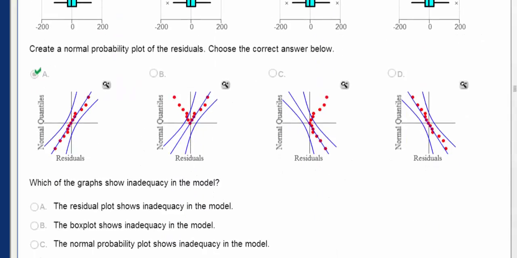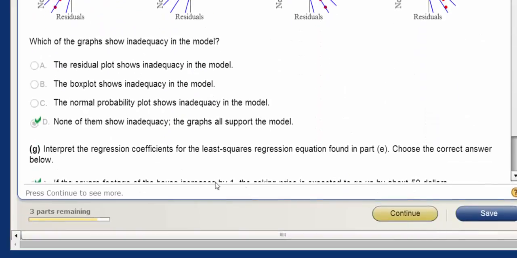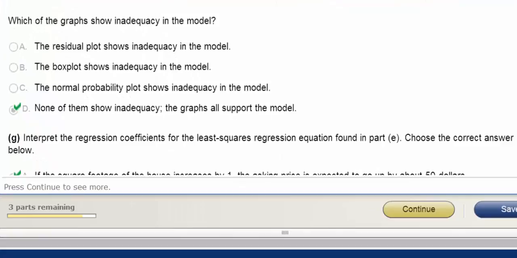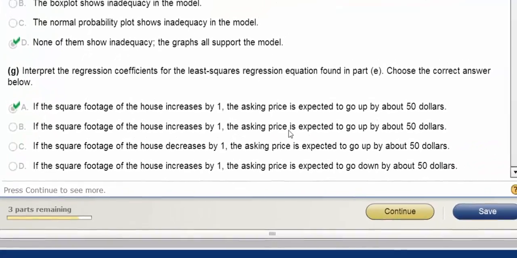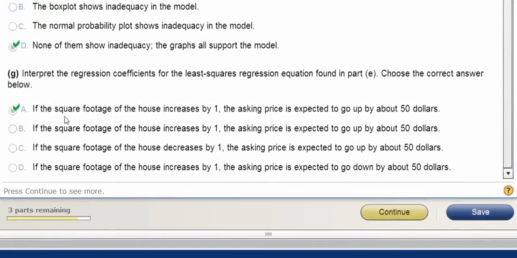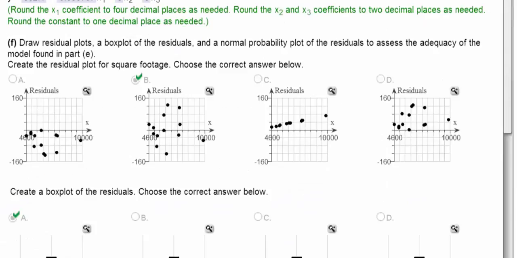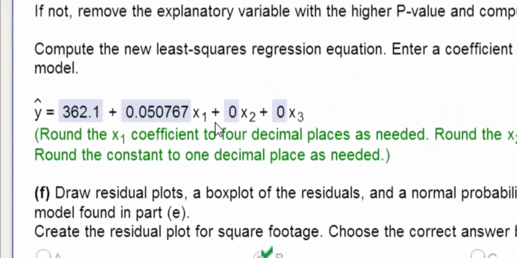And I think the last question we were asked, we had to interpret the regression coefficients, and we had to make a statement. So I believe we were able to say that if the square footage of the house increases by 1, the asking price is expected to go up by $50. So I remember our x1 variable was the square footage of the home, where x2 I think was the number of bedrooms and x3 was the number of bathrooms.